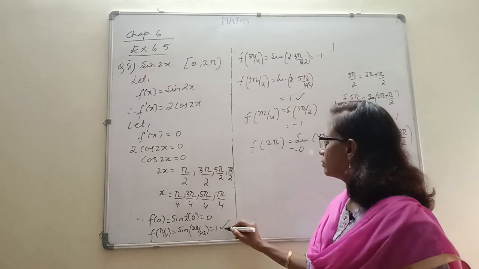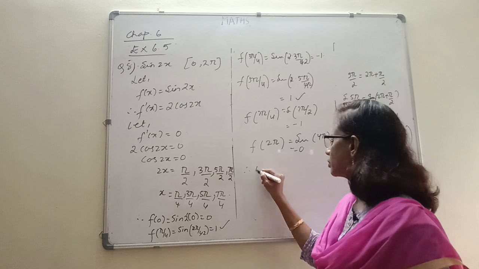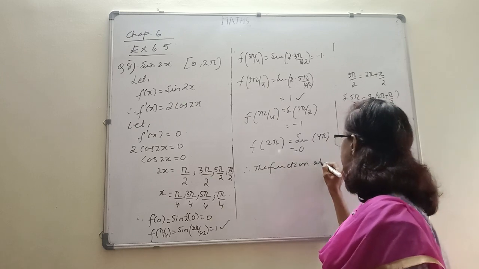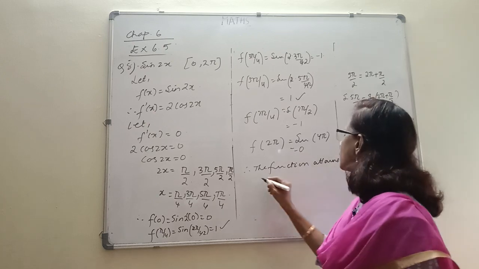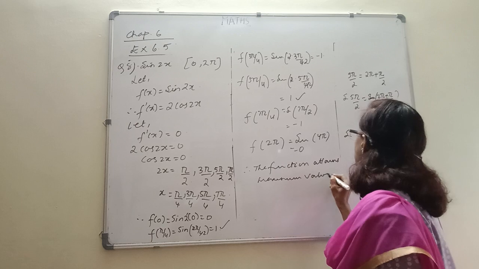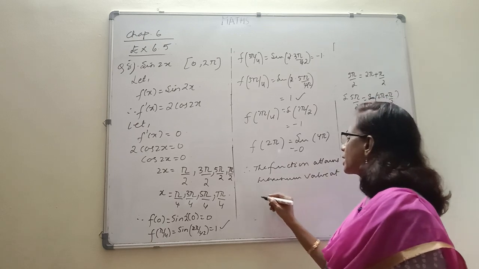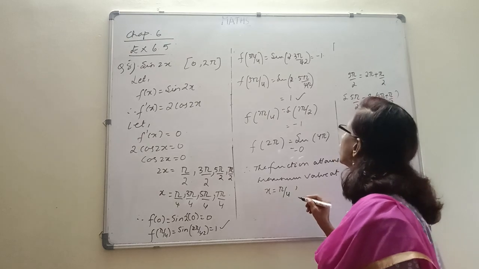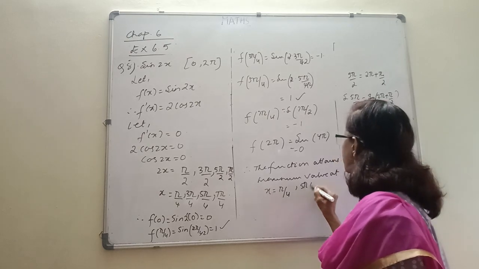So we can write that the function attains its maximum value at x equal to pi over 4 and 5 pi over 4.